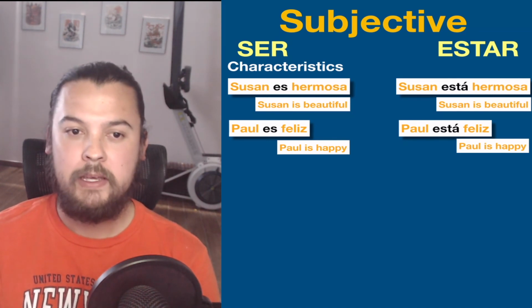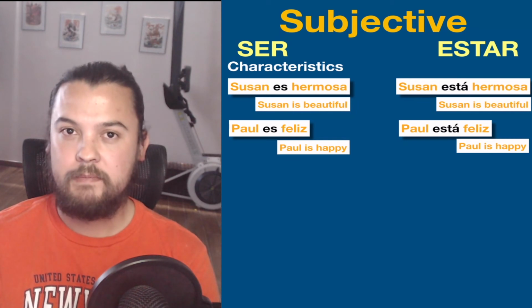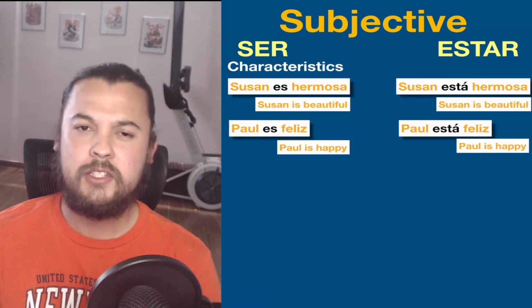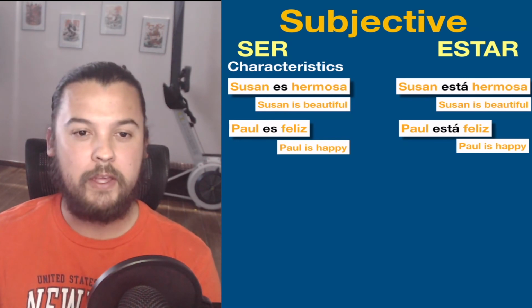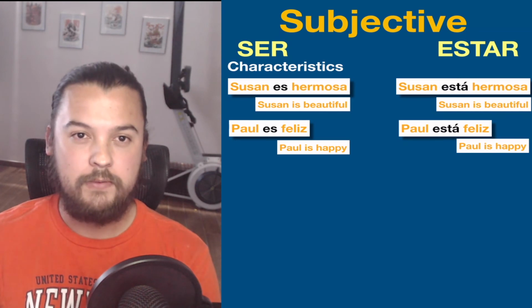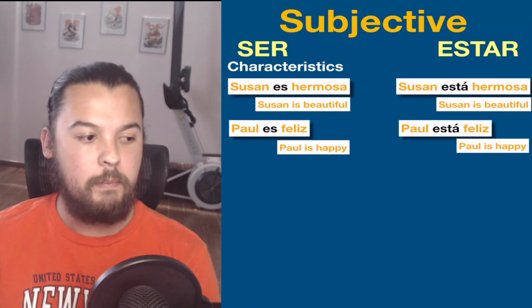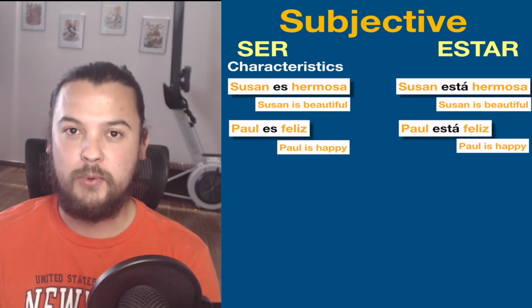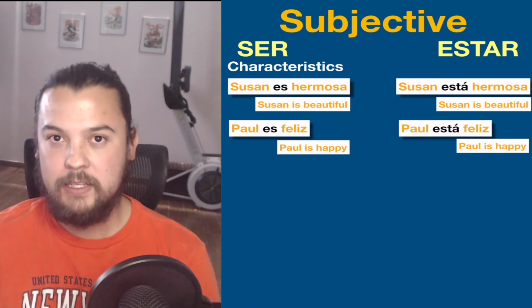He's always happy. Paul está feliz means that something happened for him to be happy right now. So these actions are better understood if you think as for right now. Paul is happy as for right now. Or maybe Paul is a sad person, but today he won the lottery. So you will say, Paul está feliz.